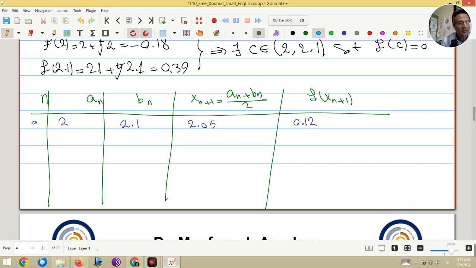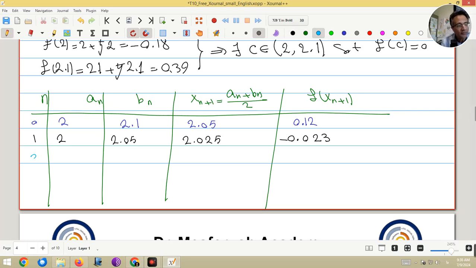So in the next iteration, iteration number 1, a_n doesn't change, but b_n should be 2.05, and the middle is 2.025, and the value of f at this point is -0.023. This is negative, we know this is negative, and this is positive. So we should put 2.025 instead of a_n.